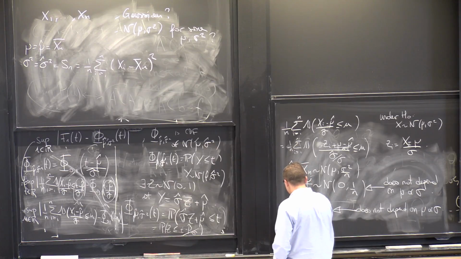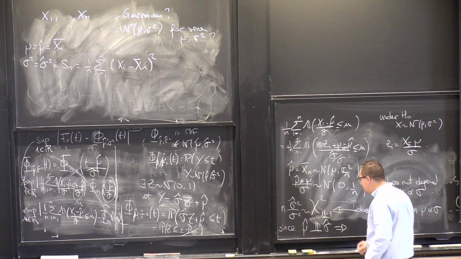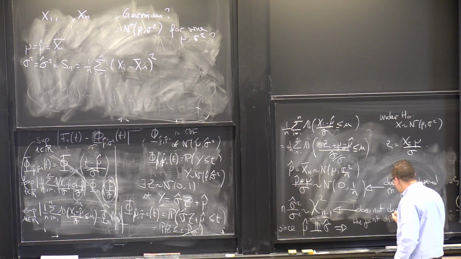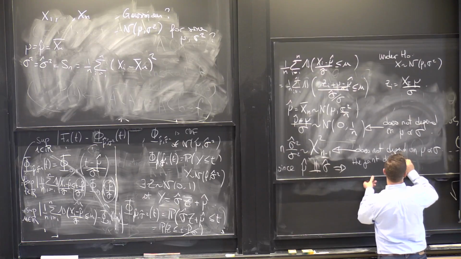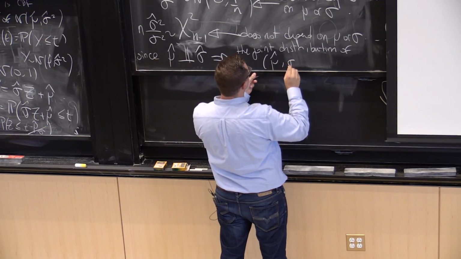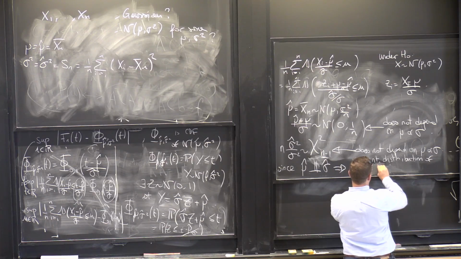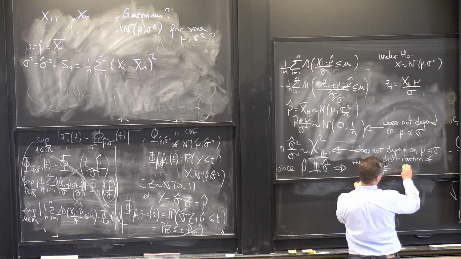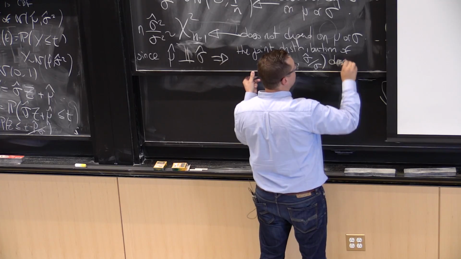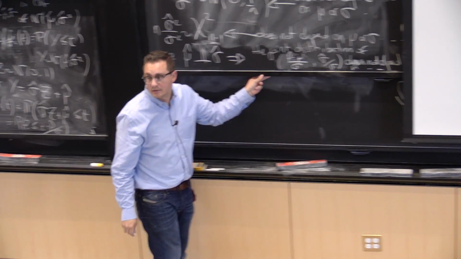But we also have that, since mu hat is independent of sigma hat, it means that the joint distribution of mu hat divided by sigma and sigma hat divided by sigma does not depend on mu and sigma.